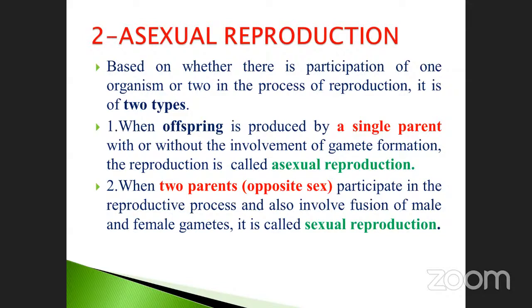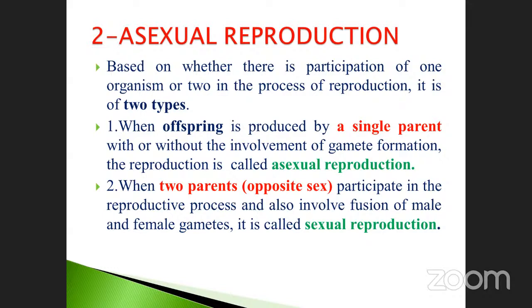Based on whether there is participation of one organism or two in the process of reproduction, it is of two types. The asexual method is also one of the reproduction methods. That means absence of sexes, where only one parent is involved in this process. Such type of reproduction is called asexual reproduction.